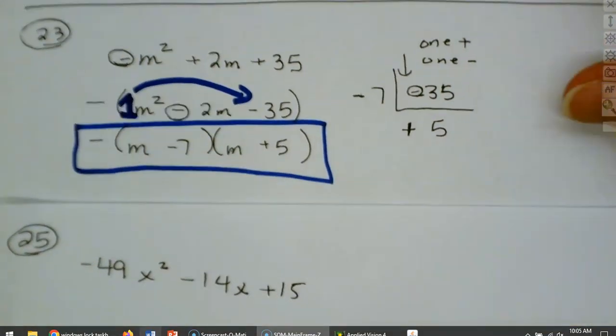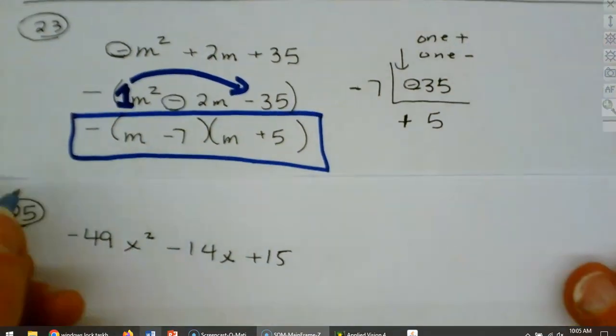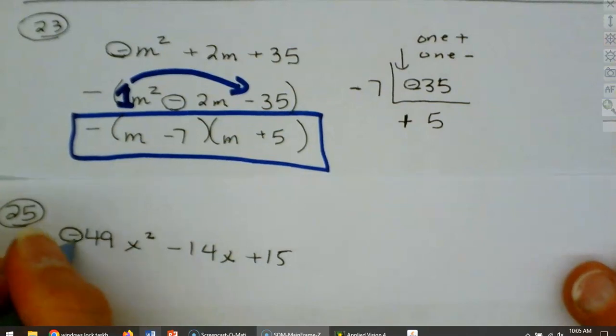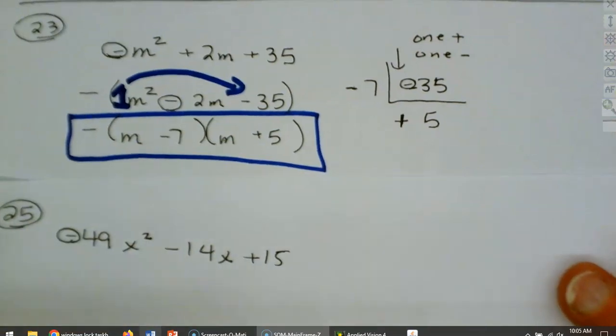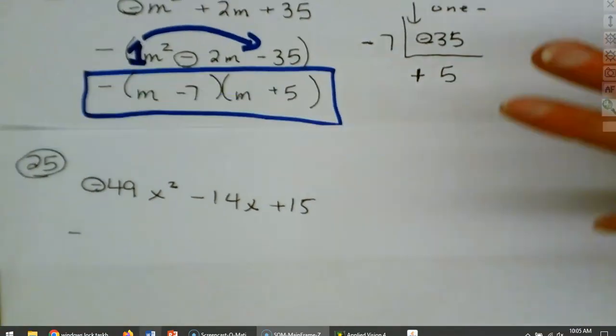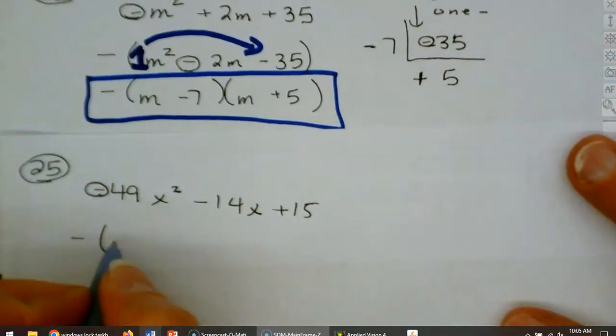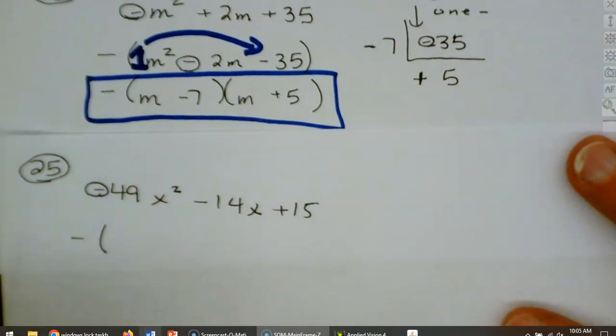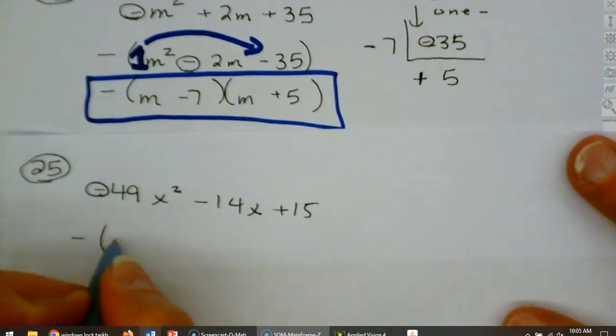What should I do first? Well, nothing's in common, but it begins with a negative. So step number 1 is factor out this negative. And we may just skip 10, and that way you can work on the worksheet.